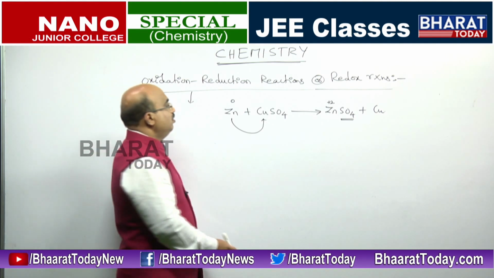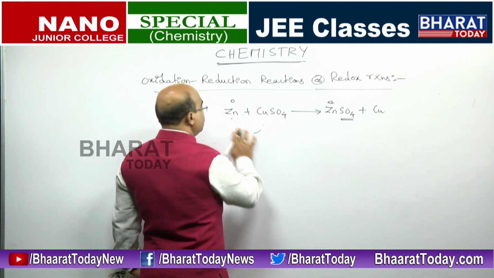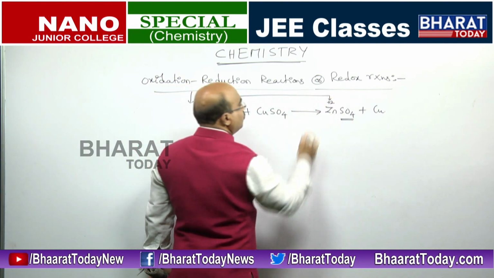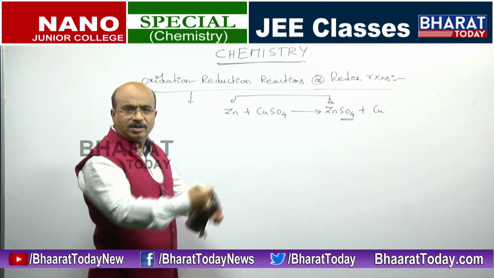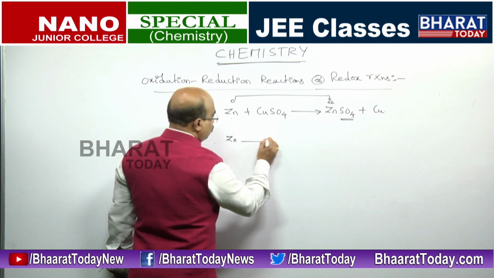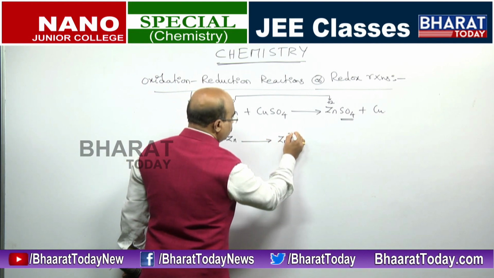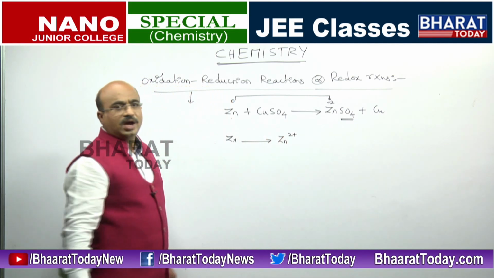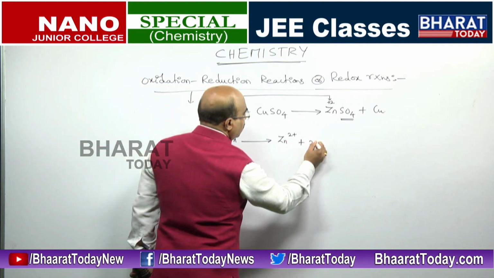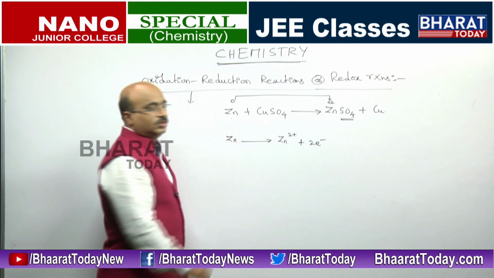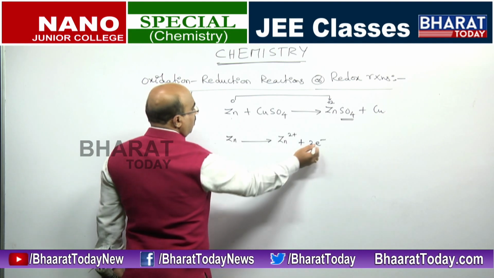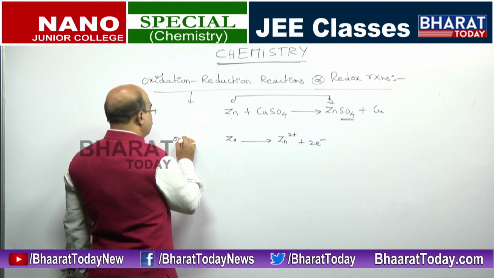So zinc is going from 0 to +2. If we write the reaction separately, Zn changes to Zn2+, and to balance the equation we write 2 electrons. Here electrons are lost, so we call it oxidation.